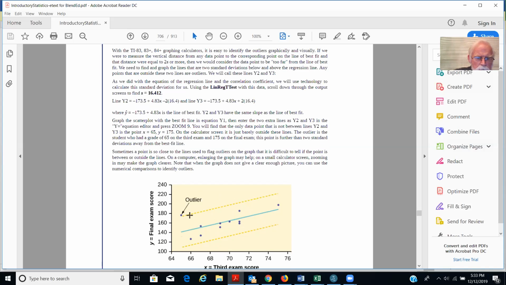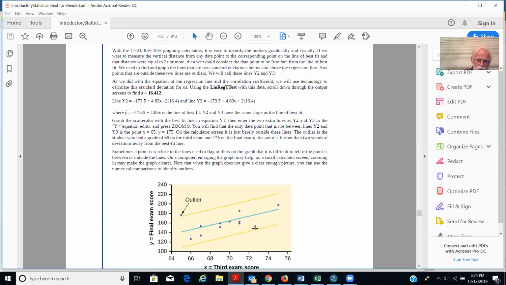We're looking at the starting point. The lines are parallel, but if we go back to the data and calculate the standard deviation, remember the standard deviation rule is that 95% of the data will fall between plus and minus 2 standard deviations of the norm. So the upper line here is 2 standard deviations above the mean, and the lower line is 2 standard deviations below the mean.